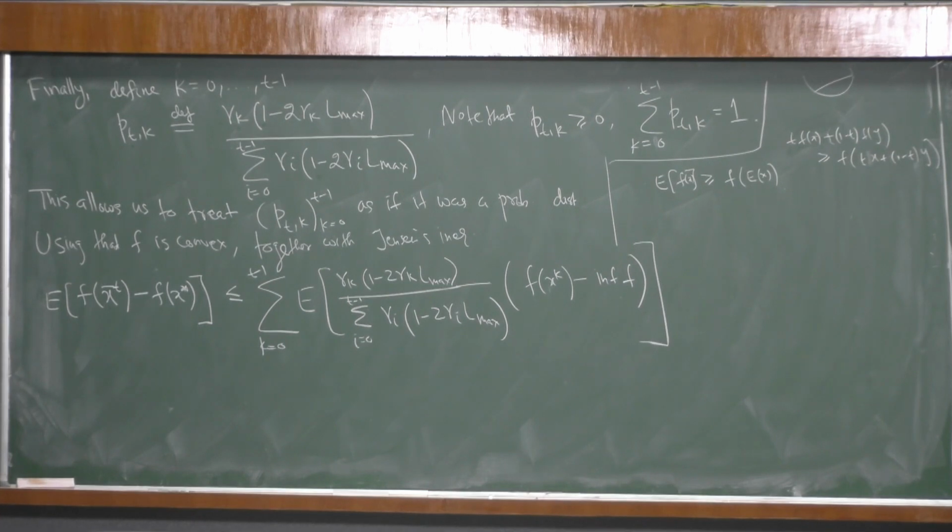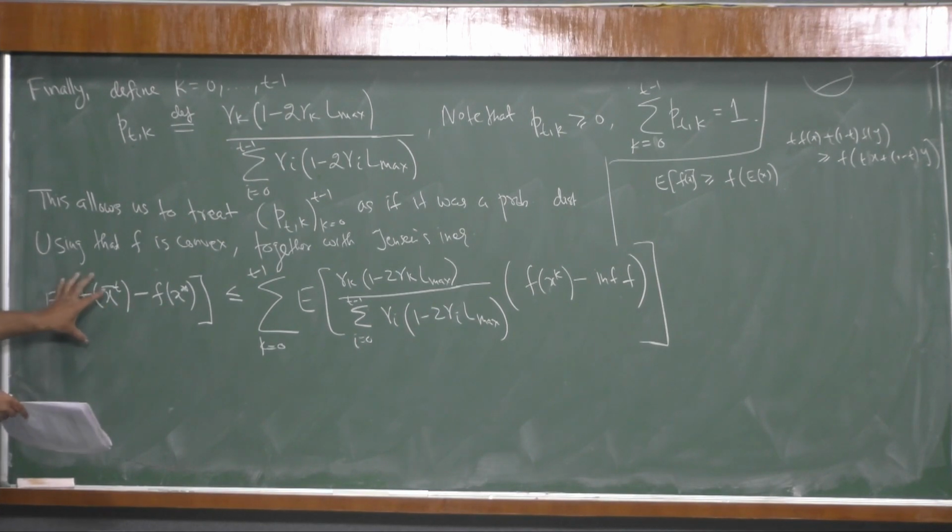Are you convinced with that? You're convinced, right? So it has been applied on this guy only. You just keep this separate because this will be a distracting part: expectation of this minus expectation of this.